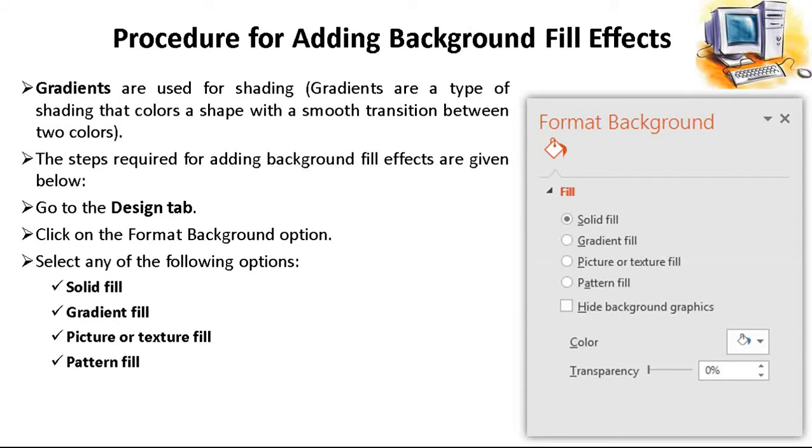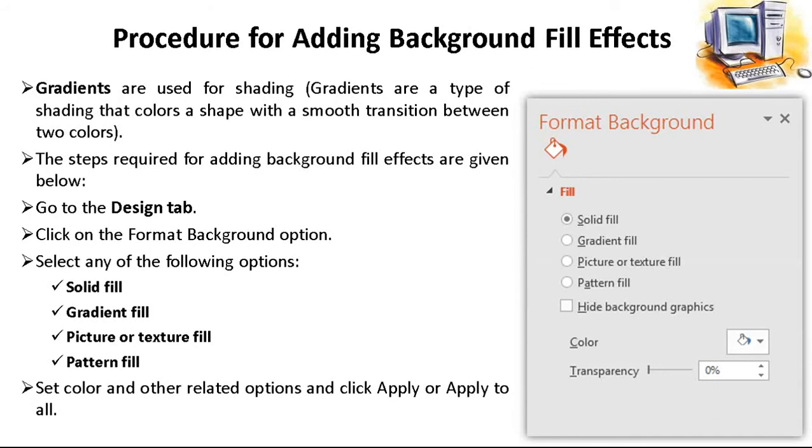You can select any of these background fill effects, and once you select any of the given options you have to set the color and other options related to that fill effect, and after that we will just click on the apply and apply to all option to apply the effect on all the slides in your presentation.